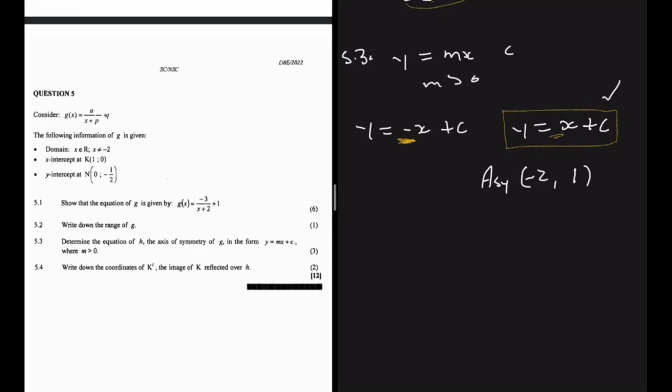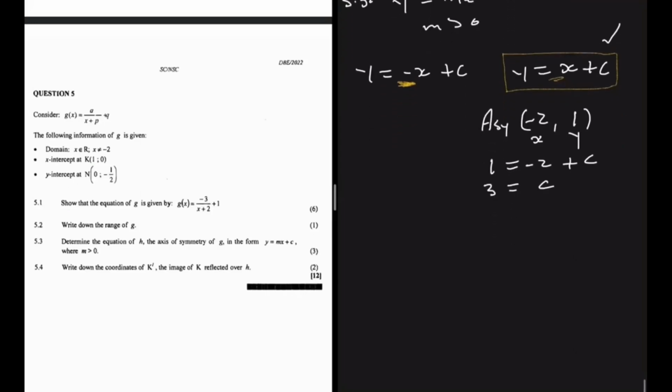So from here, we can say that y is 1, because this is x and this is y, so 1 equals x plus c. x is minus 2, so 1 equals minus 2 plus c, and then we can add 2 to both sides. We get 3 equals c. So now we know that the equation of our axis of symmetry with m greater than 0 is given by y equals x plus 3.